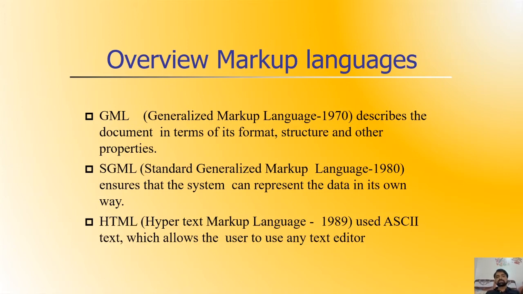SGML, that is standard generalized markup language, designed in 1980, which ensures that the system can present the data in its own way. HTML, hypertext markup language, designed in 1989, used ASCII text, which allows the user to use any text editor.